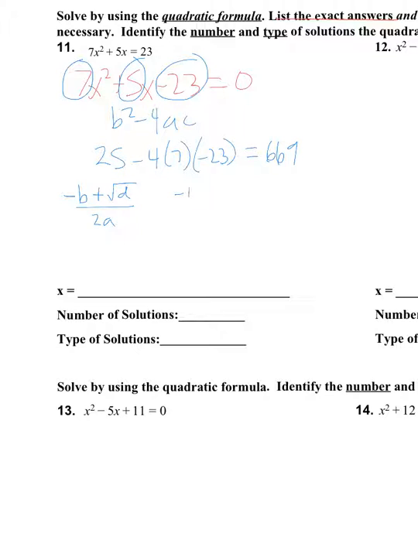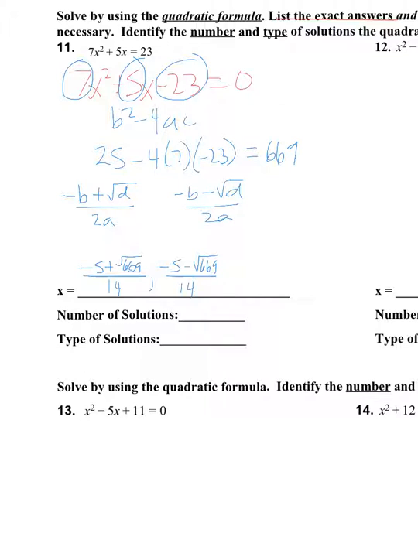And then the opposite of B minus the square root of the discriminant over 2A. And you'll have the quadratic formula, so there's no need to stress out too much about that. Opposite of B is negative 5. We're going to have plus the square root of 669, and we're going to put that over 14. The other answer is negative 5 minus the square root of 669 over 14.